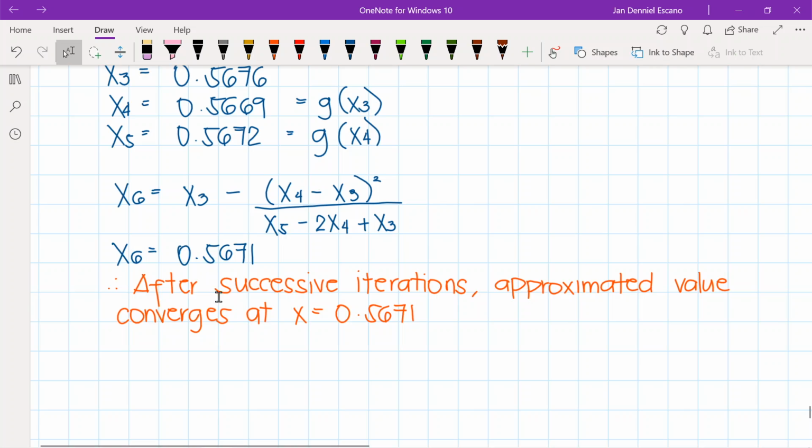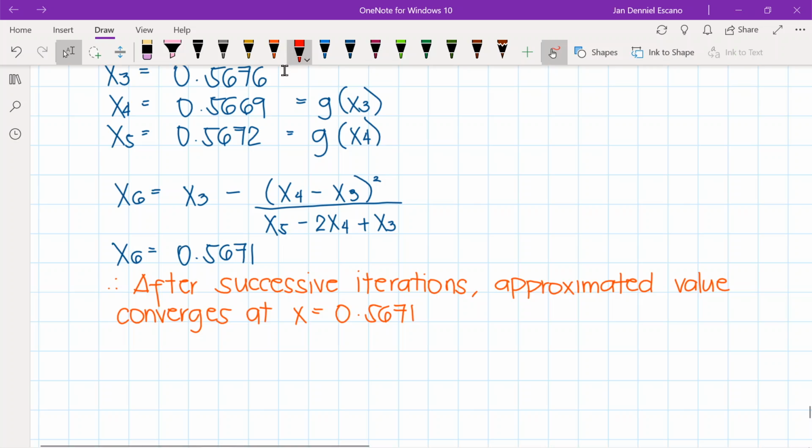And by applying again Aitken's delta square method, we use the formula x sub 3 minus the quantity x sub 4 minus x sub 3 squared all over x sub 5 minus 2 x sub 4 plus x sub 3. And we get the value of x sub 6, which is 0.5671.